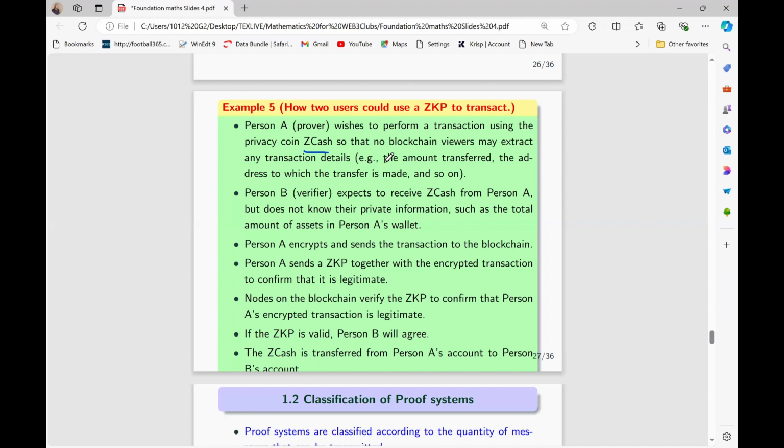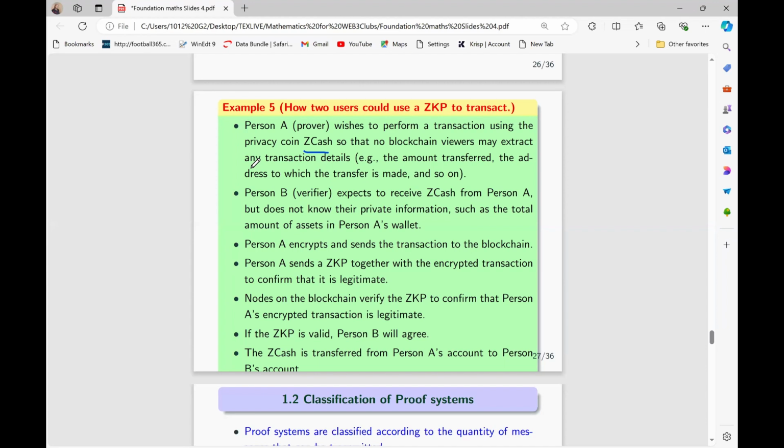The transaction will be in terms of amount transferred, the address to which the transfer is made, and so on. So he wants to conceal this information so that any other person may not be able to see what the transaction is. Then there's this person B. You remember we said we have the prover and the verifier.